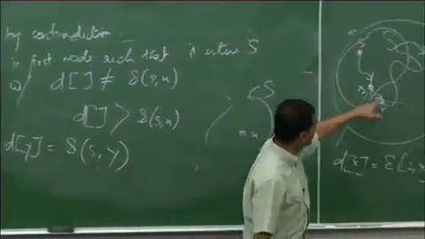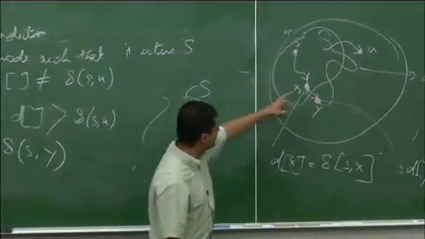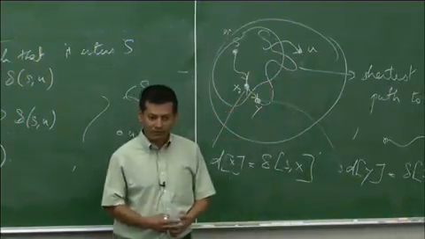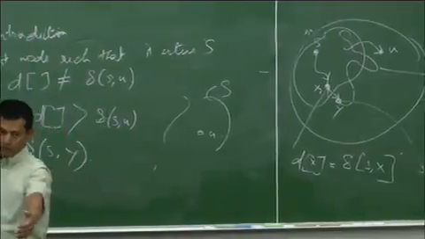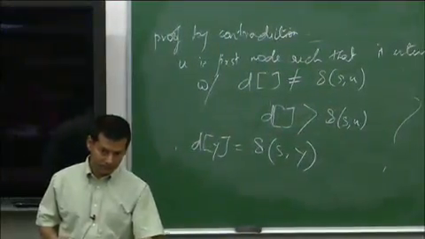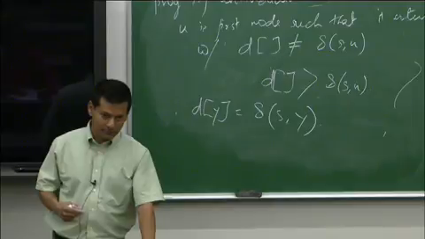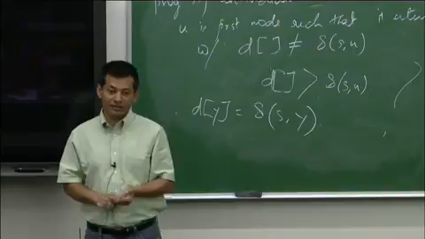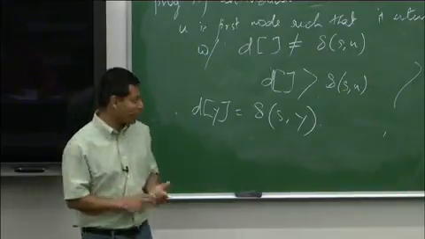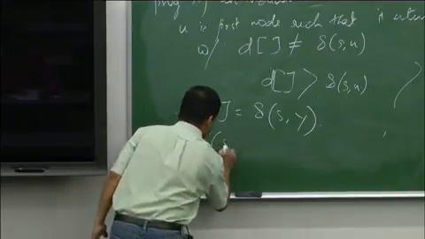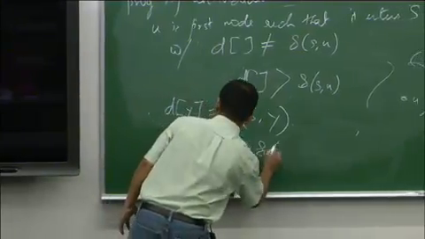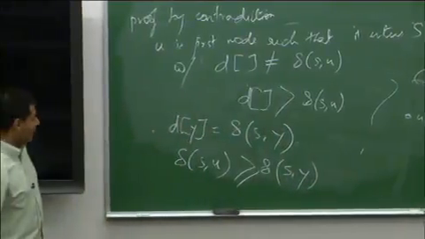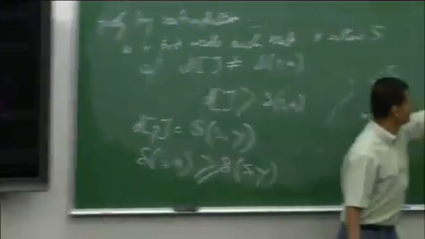Mind you, all these are positive weights, and the way I have drawn it is that this is the first time it leaves, u is someplace there, so u could be here, here, here, we do not care. But u is farther down the shortest path. If u is farther down the shortest path, its delta value is actually larger than the delta value of y. Right? So, we know that the delta value of u is greater than or equal to the delta value of y. I say greater than or equal simply because u could be y itself.